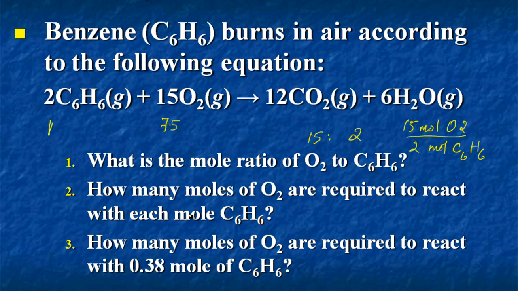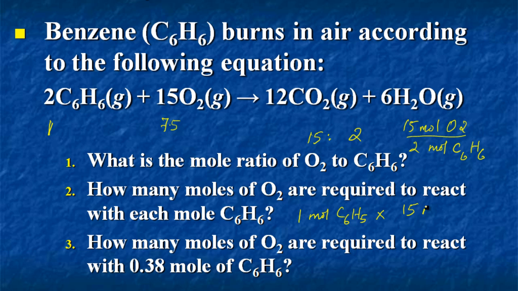But how would you otherwise write this problem? What is given to you? Each mole of C6H6. So you have 1 mole of C6H6 which is given to you. You need to multiply this by the mole ratio between oxygen and C6H6. What is the mole ratio? 15 to 2, which we already have done in the first question.